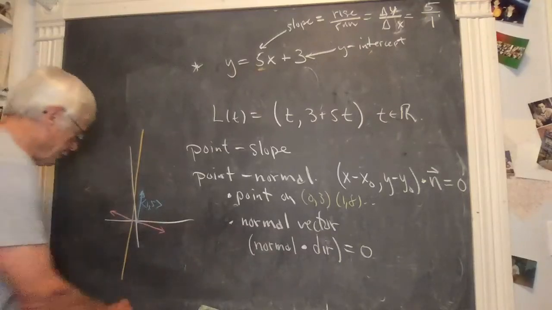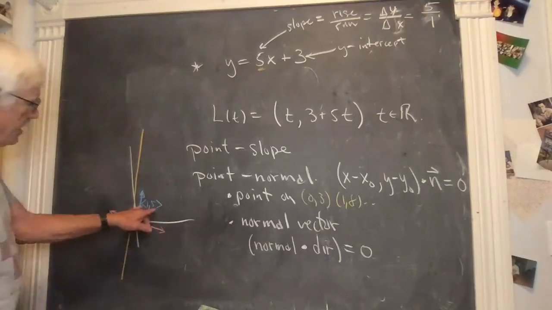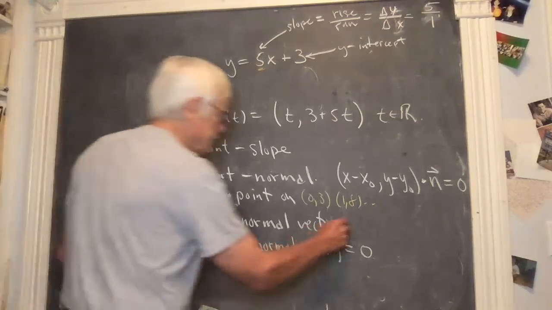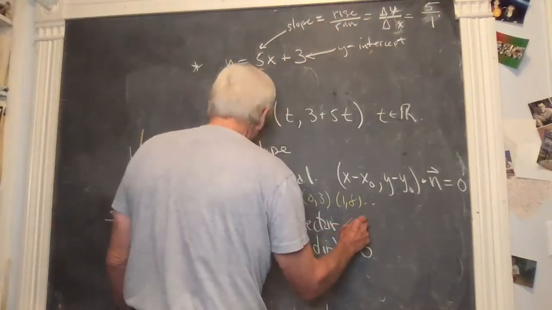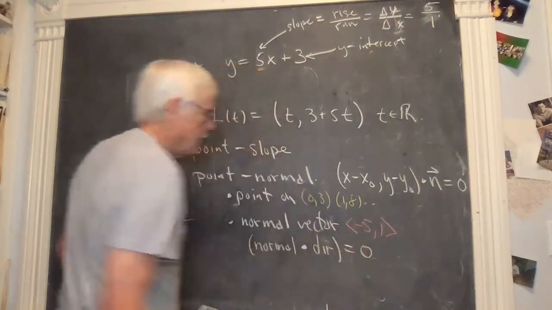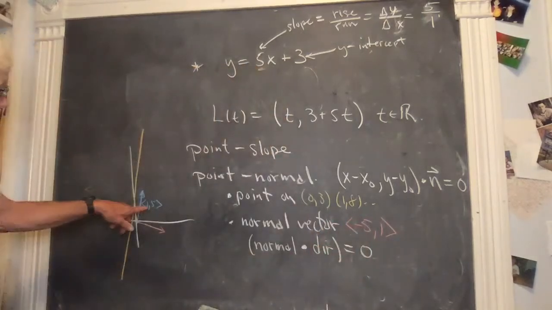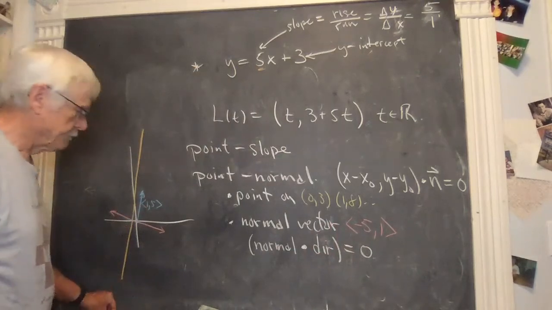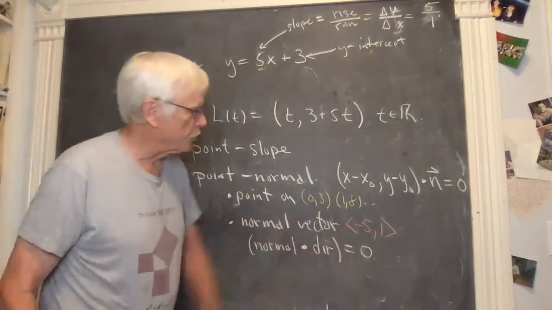How can you do it? Well, if you check it out, if you reverse these numbers and change one sign, it's going to work out for you. So let's do -5, 1. The dot product of -5, 1 with 1, 5 is going to be 0. And there are plenty of other possibilities here.